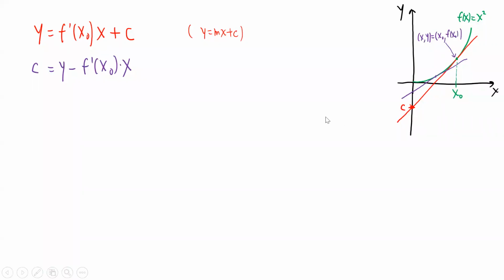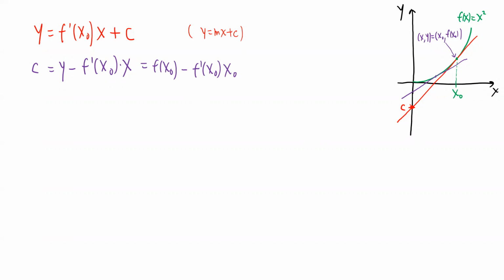Therefore, I'm going to just put y as f of x naught and x as x naught. So this is a formula that you would use. Whatever x naught I give you, you use this formula, you give me the value of C.